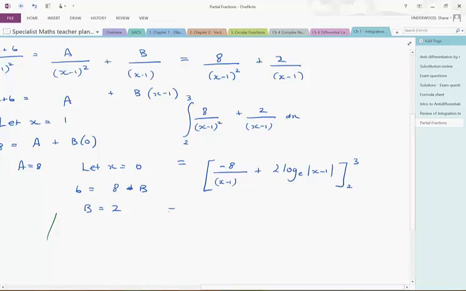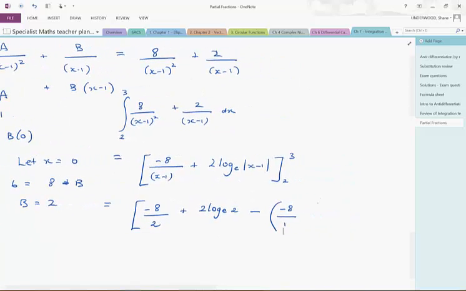All right, so I've worked that out, had my little moment there, and I'm going to sub in my values. So we've got minus 8 over 3 minus 1, which is 2, plus 2 log to the base e of 3 minus 1, which is 2. I'm then going to subtract minus 8 over 1, plus 2 log to the base e of 1, which is just going to be 0.